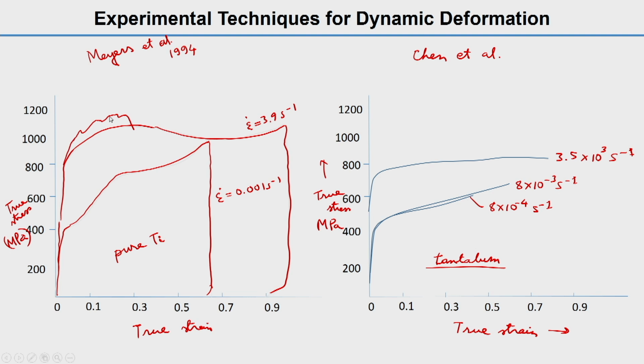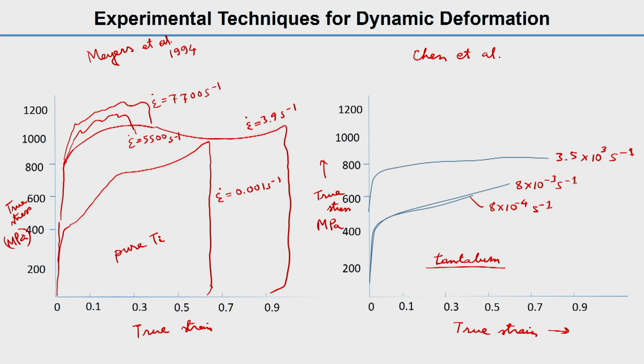This has epsilon dot is 5500 per second, and then another one is even higher strain rate. So this has epsilon dot is 7700 per second. So it's very difficult to get a trend.